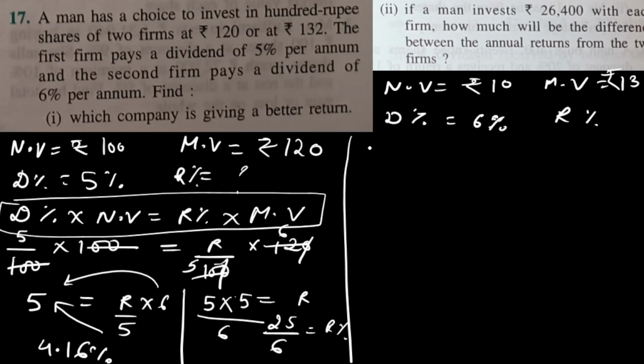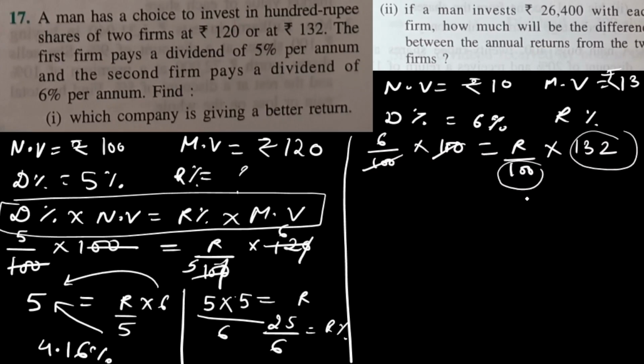D percent is 6. So 6 by 100 into nominal value, see here I've written D is 6%. So 6 by 100 into nominal value is 100. So directly let's substitute 100. It's equals to R percent. R percent we have to find. So percent I'm writing as by 100. Market value here it is 132. This 100 and 100 will get cancelled. Let's shift 132 and 100 to the other side.